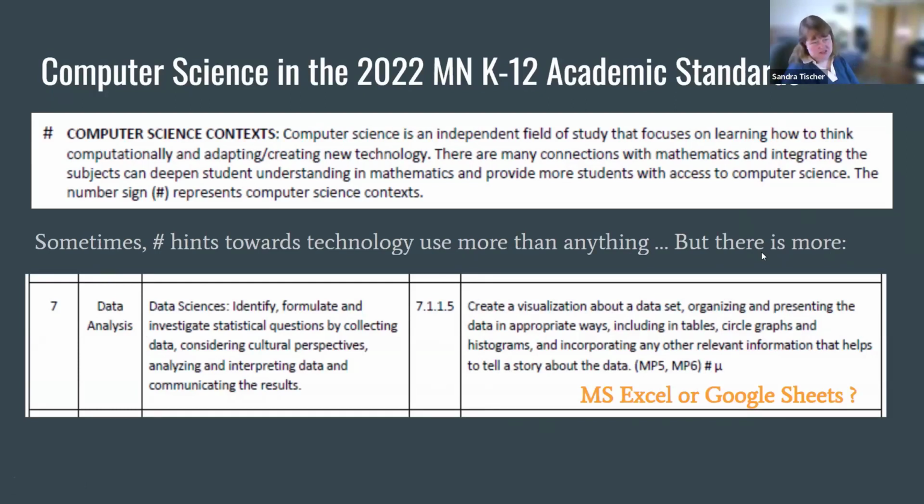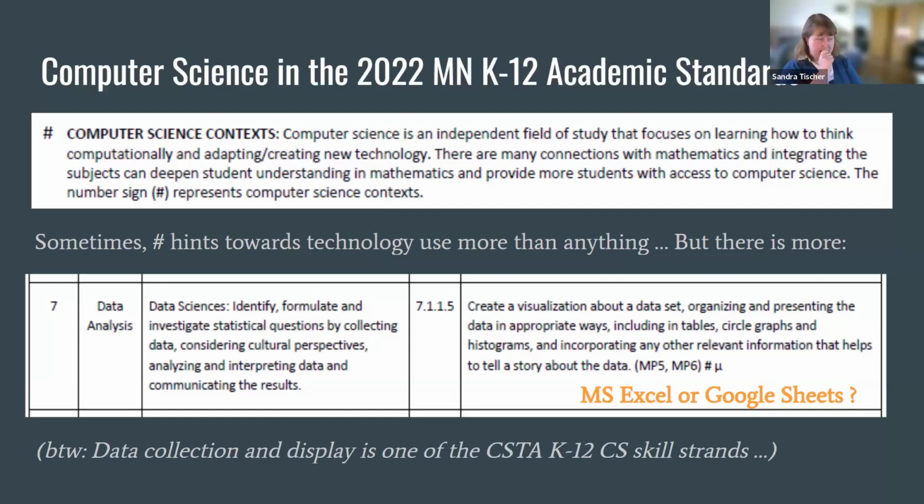So that's how this standard is written. You could think maybe Microsoft Excel or a spreadsheet of your favorite provider. So fun to know that those data collection displays are also one of the skills strands in computer science.